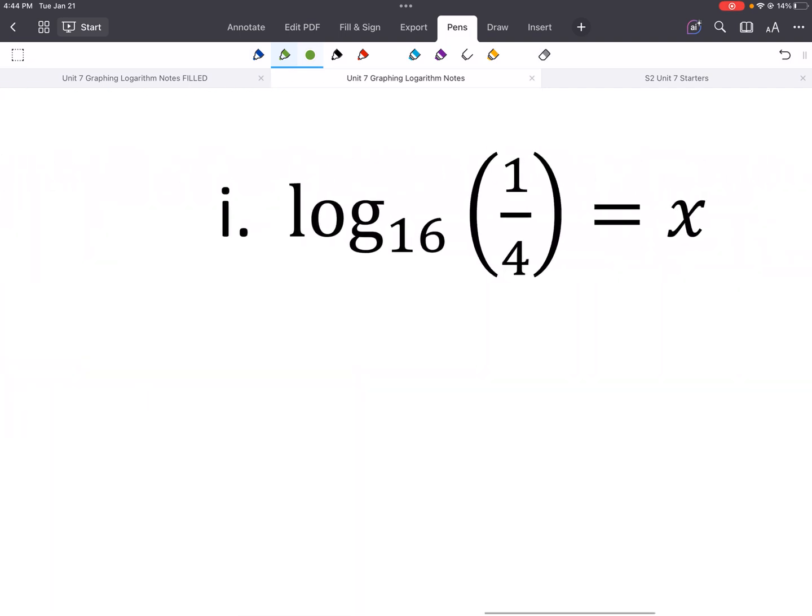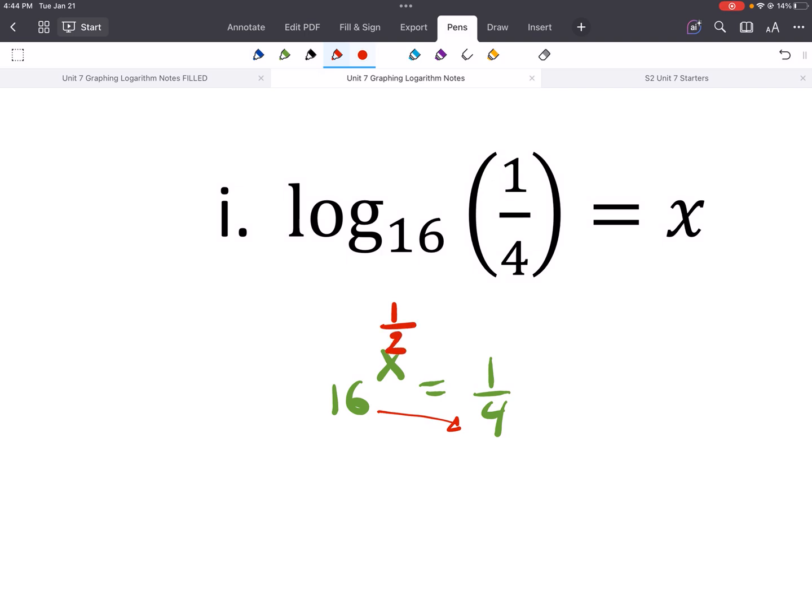And then our last example, 16 to what power would give us 1/4? Okay, that's probably the hardest one here. So how do we go from 16 to 4? That would be like the square root, but again, we write it as 1/2.